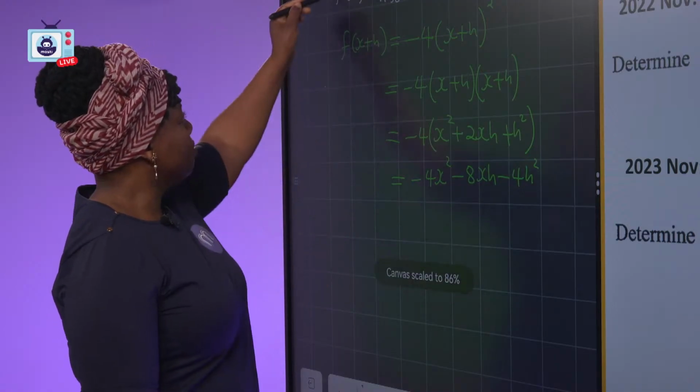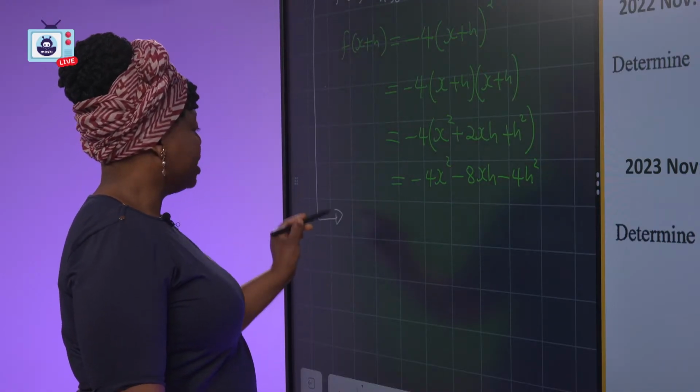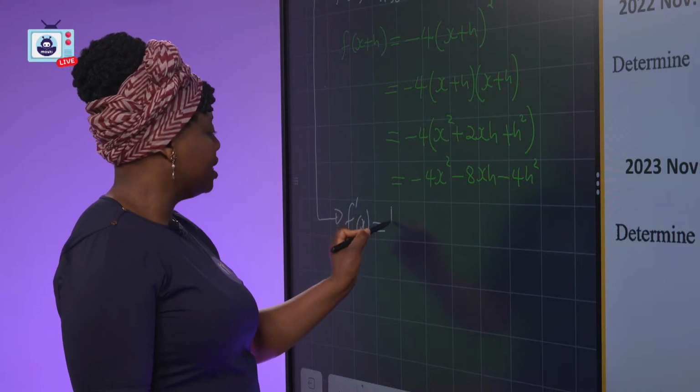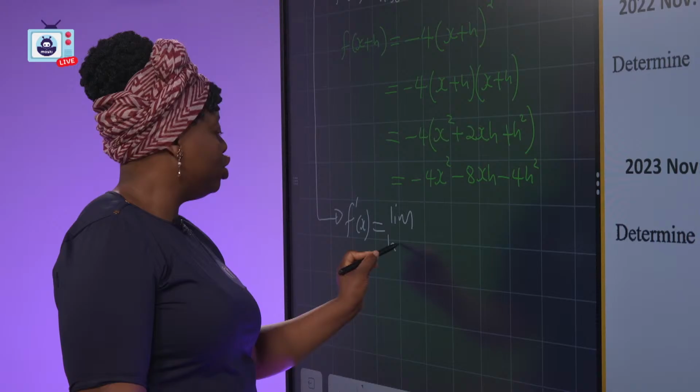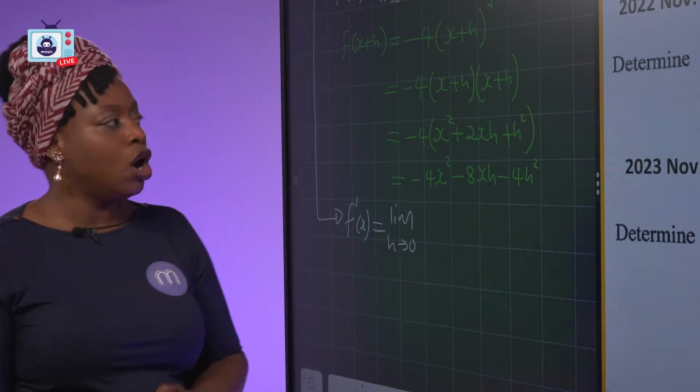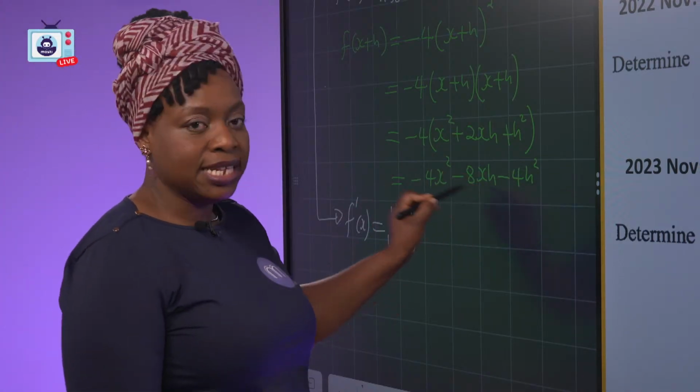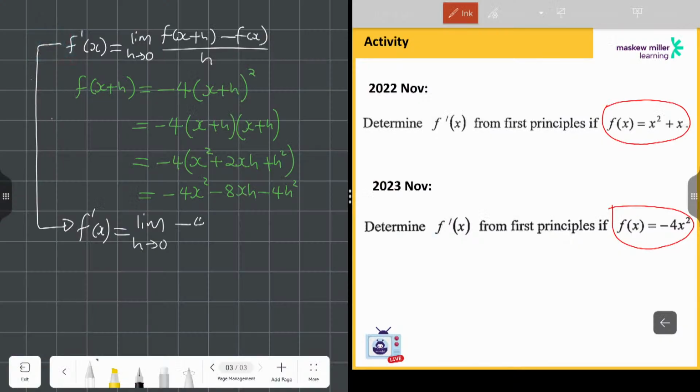When we substitute, remember this is our formula. We're going to have the first derivative equals the limit as h approaches 0. Instead of writing f of x plus h, we're going to write this statement here: negative 4x squared minus 8xh minus 4h squared.